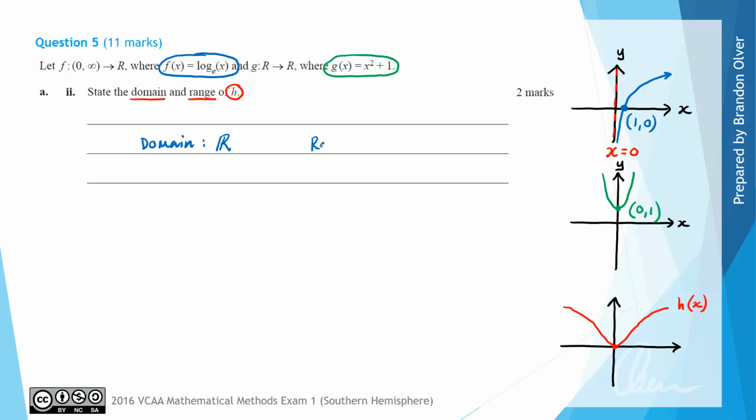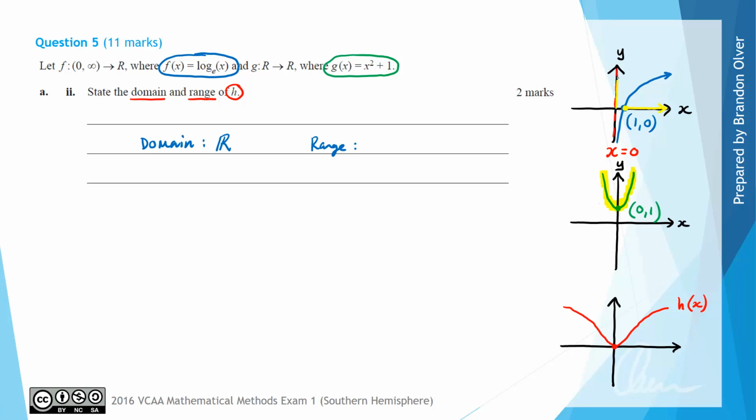And we can also see that the range is all of the y values that come out for h of x. Because all of the y values that come out of g of x are greater than or equal to 1, we get all of these values being fed into our graph of f of x, and the graph that comes out from 1 to infinity for log e of x is all positive values and 0.